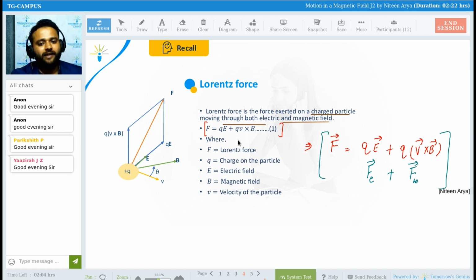In the previous case, I already explained to you guys. Here it is just a vectorial diagram. Is this clear, everyone? What is a Lorentz force?